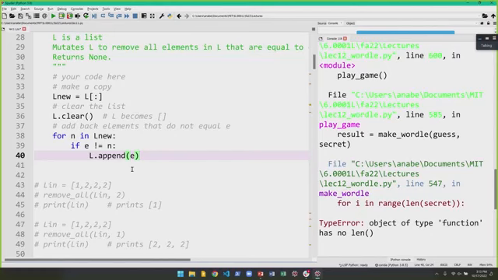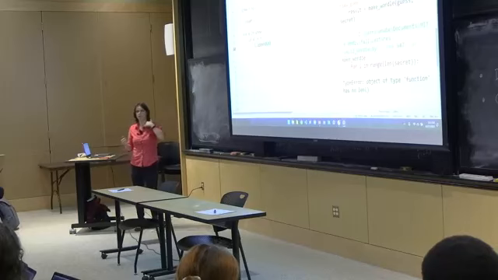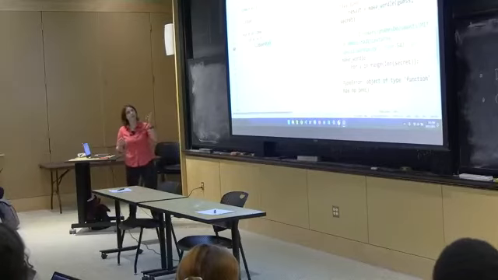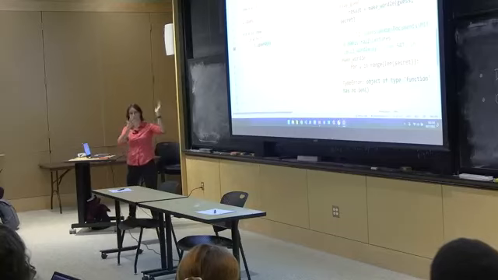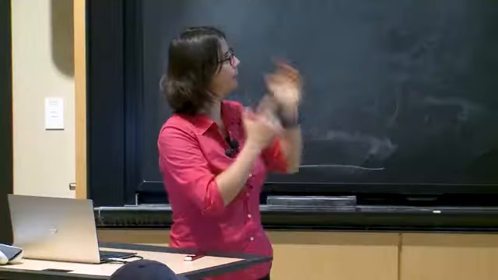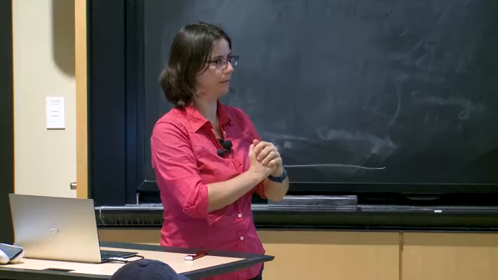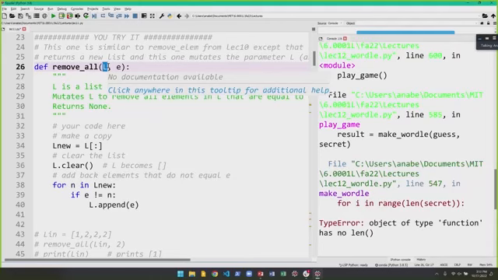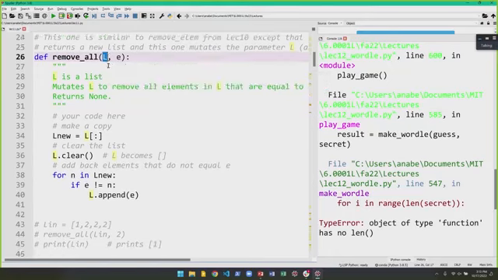And then, do I need to return anything? We don't need to return, it won't hurt to return L, but L will already be mutated by virtue of this function. So we don't need to return any L. L is my parameter that I've passed in, so there's nothing to return. It's just being mutated in the function.